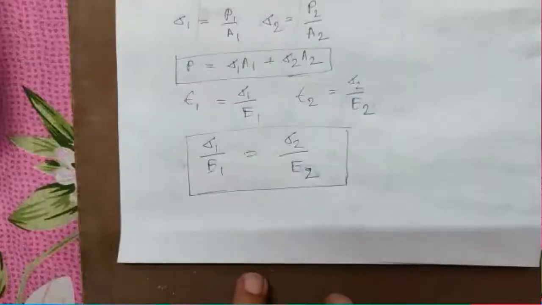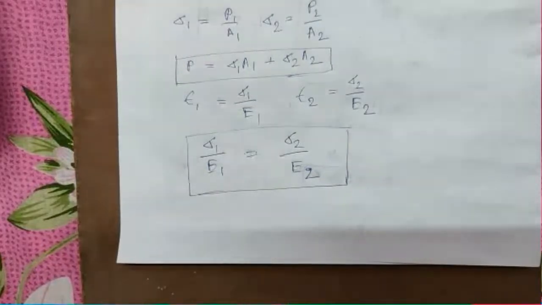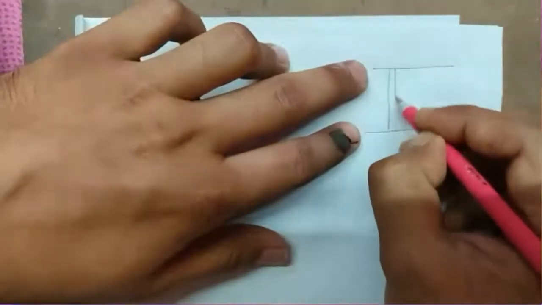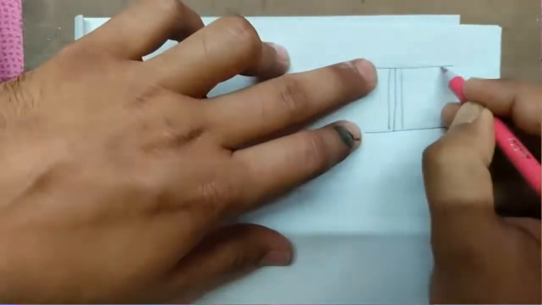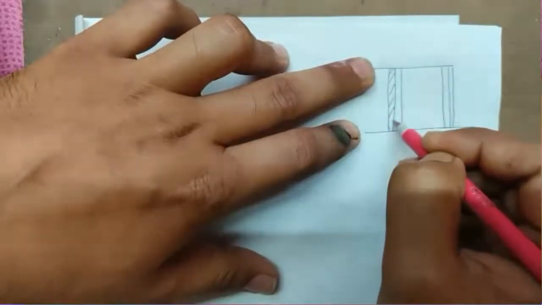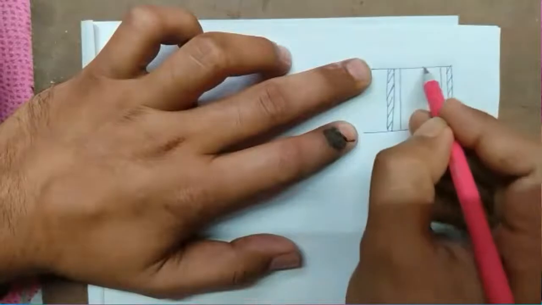Okay, we will quickly solve a problem. Inside that is a steel rod and this is a copper tube.